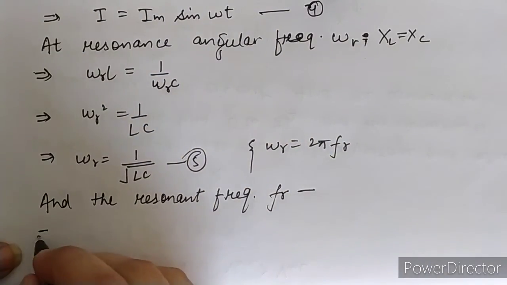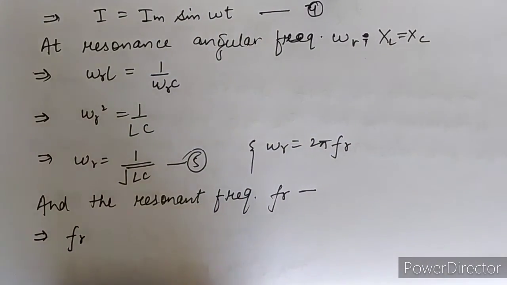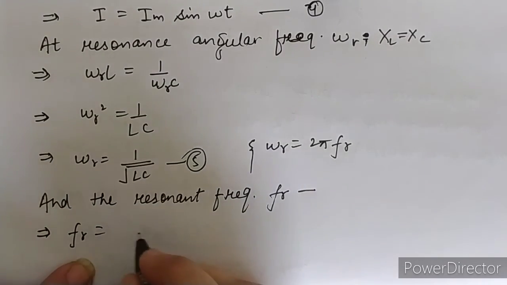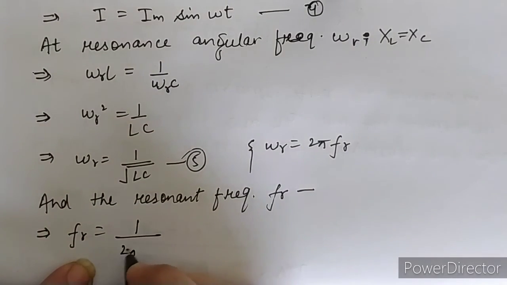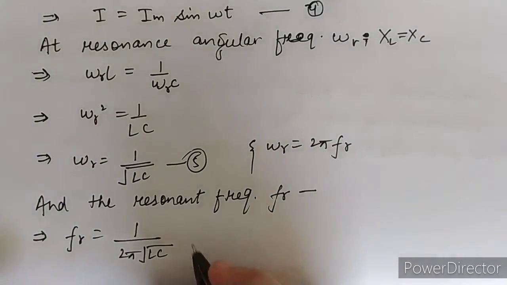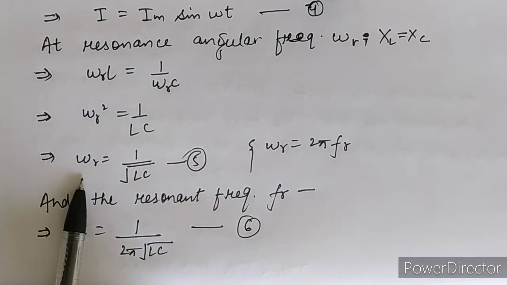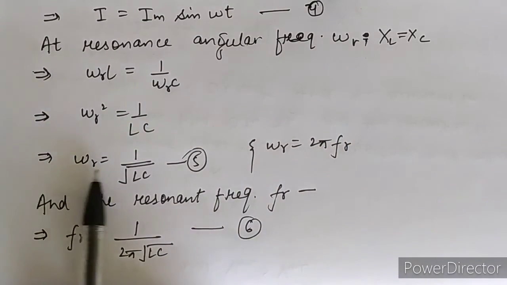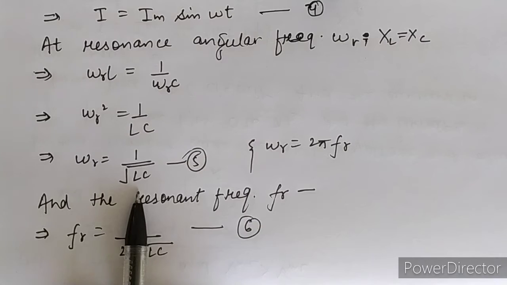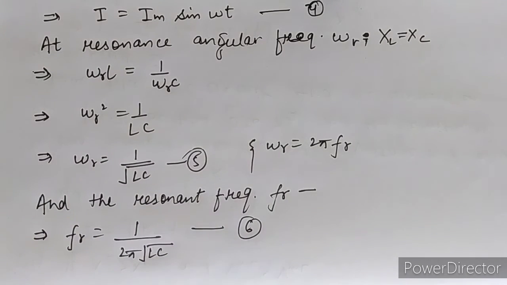Fr is equal to 1 upon 2 pi under the root LC. This is your equation number 6. How will it be obtained? I am putting the value of omega r as 2 pi Fr. So 2 pi Fr is equal to 1 upon under the root LC. So Fr is equal to 1 upon 2 pi into under the root LC.